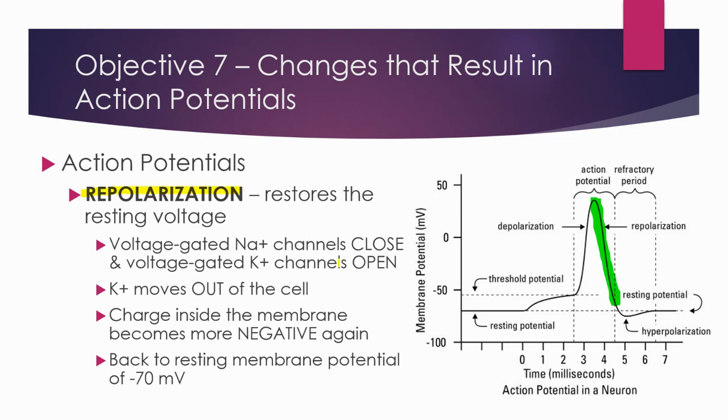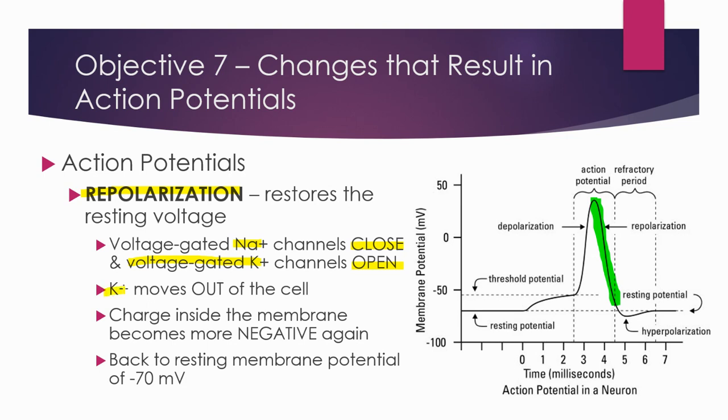And once again, we have these voltage-gated ion channels that are going to be involved. So those sodium channels are going to close because that charge is moving along the axon. And so as it moves along, those voltage-gated channels are going to close. So the voltage-gated sodium channels close, but that change in voltage does trigger the voltage-gated potassium channels to open.